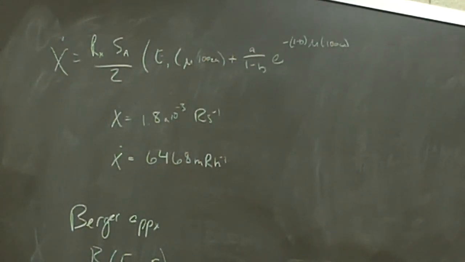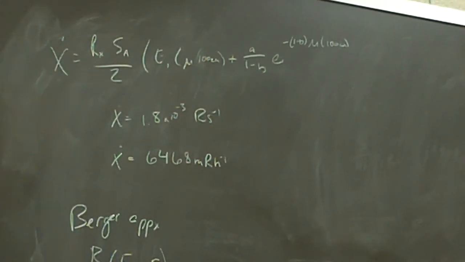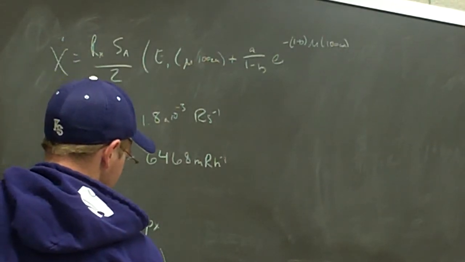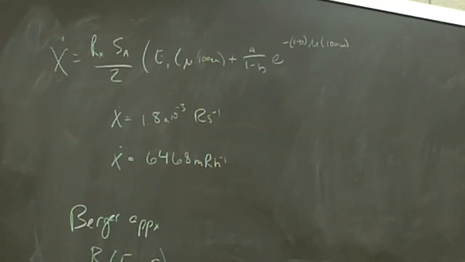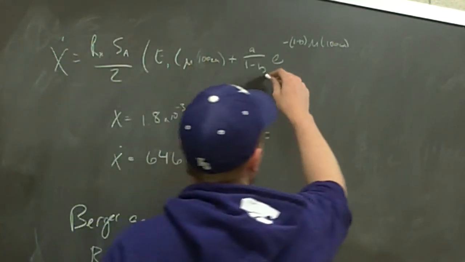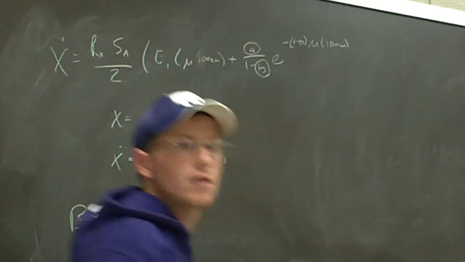If it was a finite disk and you weren't using this equation, R would be changing, and you'd have to integrate. Does that make sense? But you can find the parameters A and B. A and B are not a function of R.